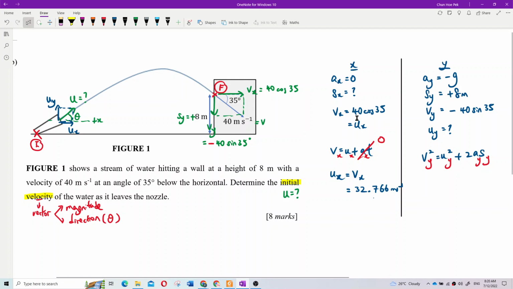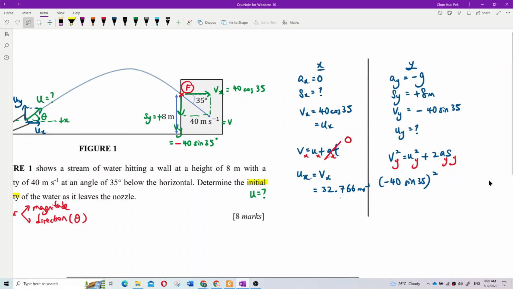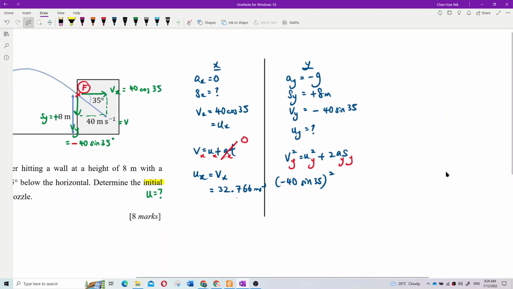X component we have what value, y component we have what value. Then easy for us to determine the equation. Understand? Okay, so this one is negative 40 sine 35 square. I just continue from here, and then we need to find the uy actually.